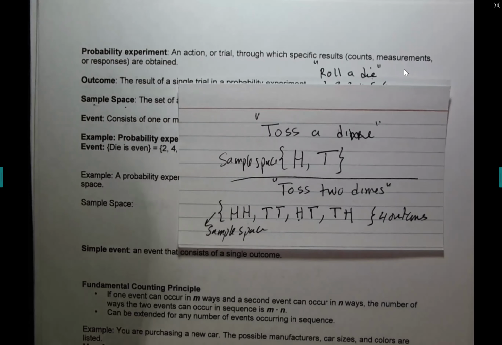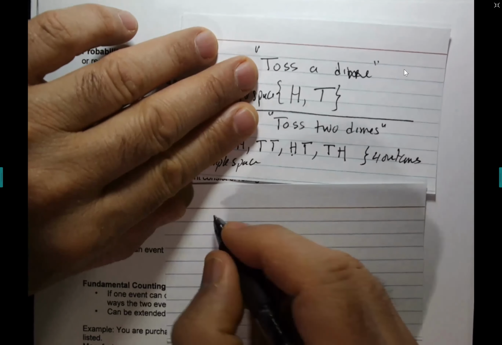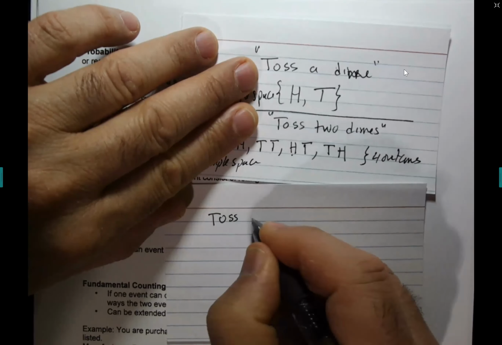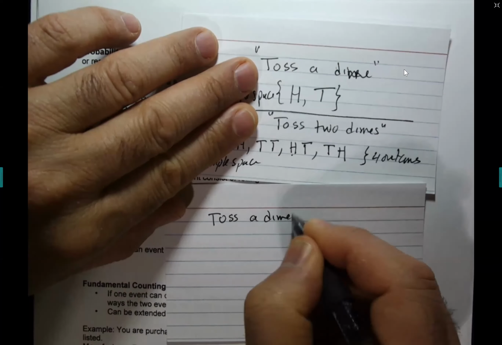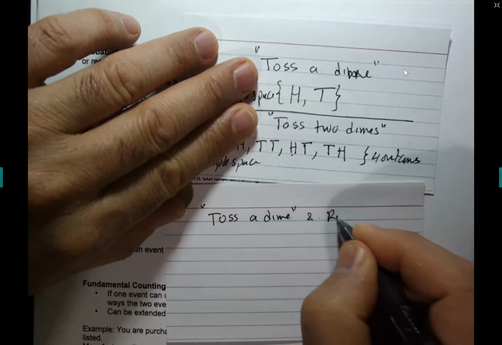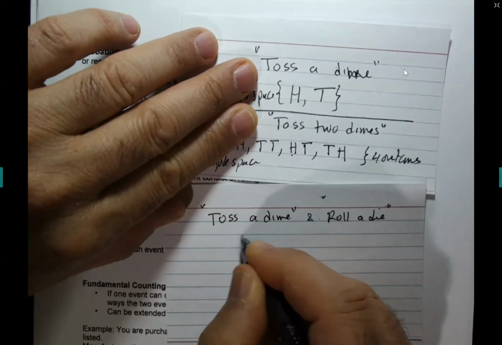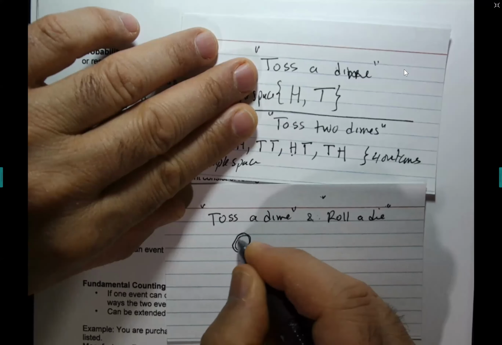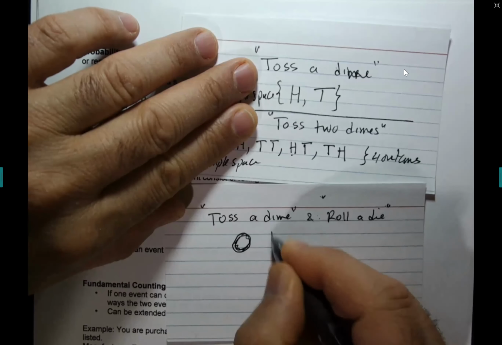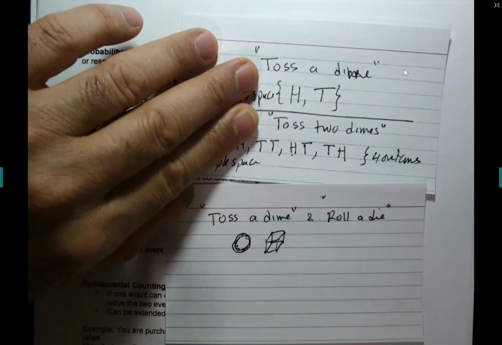Now we're going to do another experiment, and please participate with me here. We're going to do 2 events at the same time. We're going to toss a dime, roll a die. So we have the coin, and we have the die.